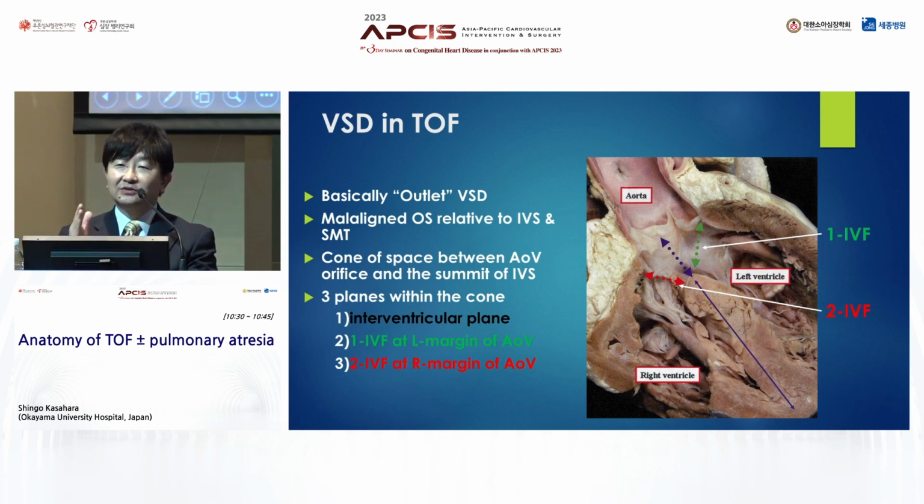Malaligned means the aorta is overriding on the interventricular septum. The blue color is the straightforward interventricular plane. The green color is the first or primary interventricular foramen between the aorta and the left ventricle. But the surgeon closes the second or secondary interventricular foramen.